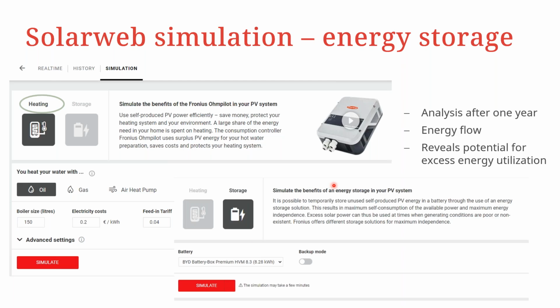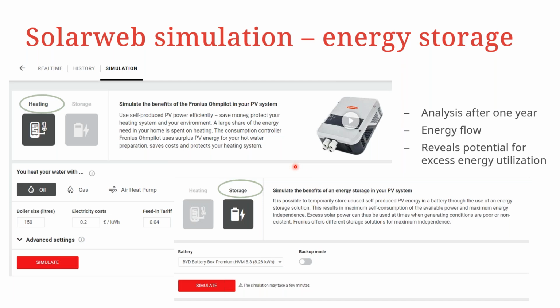Something else that you can also do is to check, would it make sense to integrate a battery system? So under the simulation section still, you can simulate for a battery storage system. And therefore, once you click on simulate on this particular system, it will show you what is the possible battery storage capacity that you can use for this particular installation.